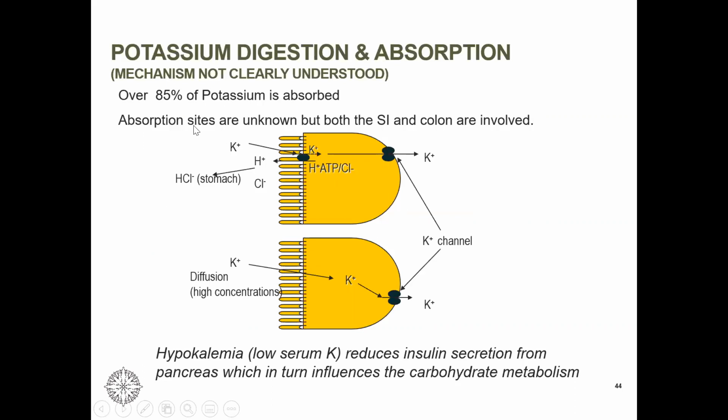Absorption, again, we are still not sure. We are still discovering what transporters are there or not, whether there are some specific sites from where potassium is absorbed, either in the colon or in the jejunum. But what we know is that we need hydrochloric acid, because then potassium is in its ionic form, and then it can go inside.